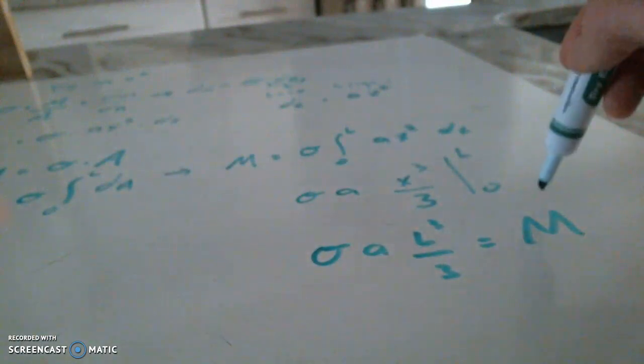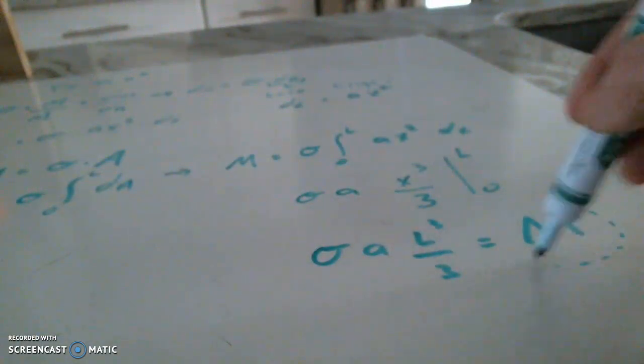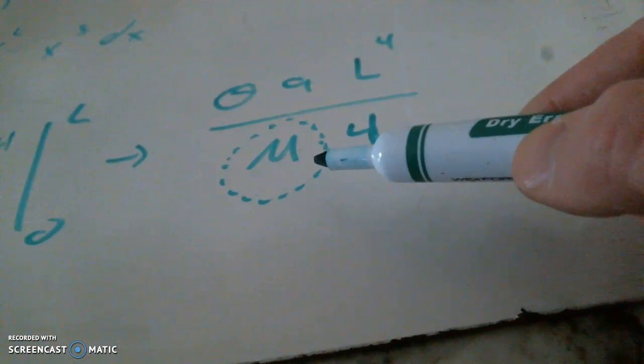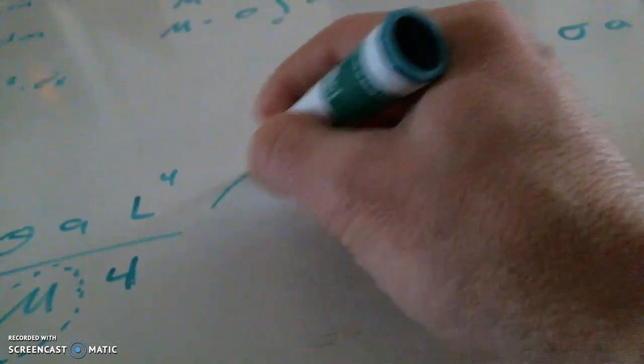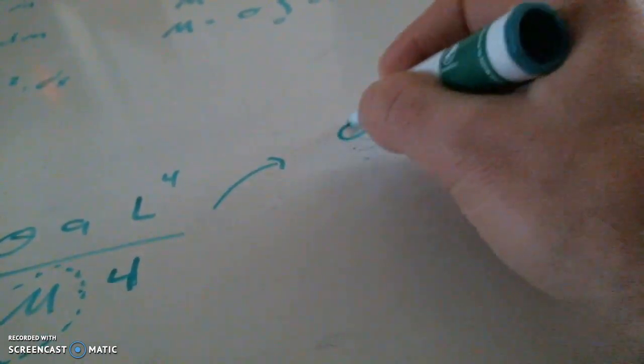So do you see now this circled M is that circled M. So what I'm going to do is put all of this where that M is. All right, so it will end up looking like this. Sigma is that sigma.